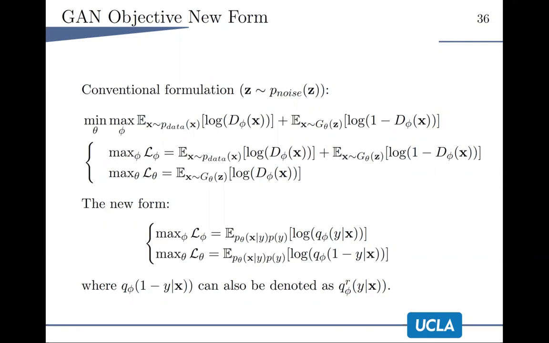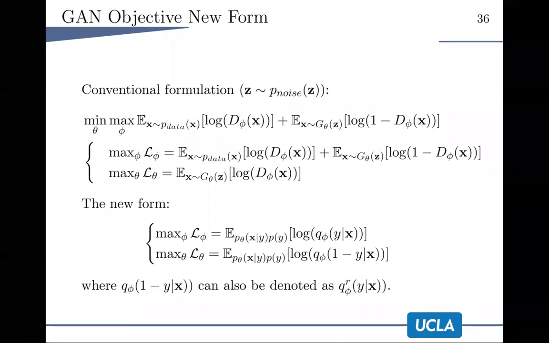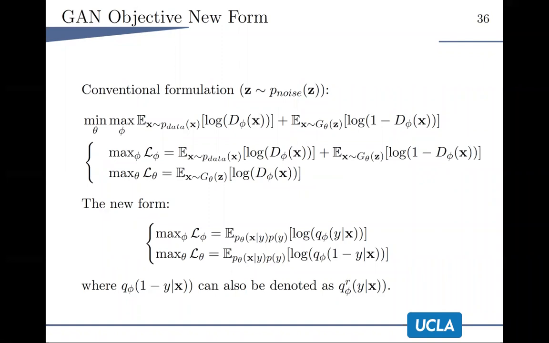But in the new form, the second line tries to unify everything, so it has combined the two cases together. For the first line, we need to consider both cases, so the problem is less severe. But for the second line, I wonder how Y equals 1 is gone or does not affect the optimization problem.